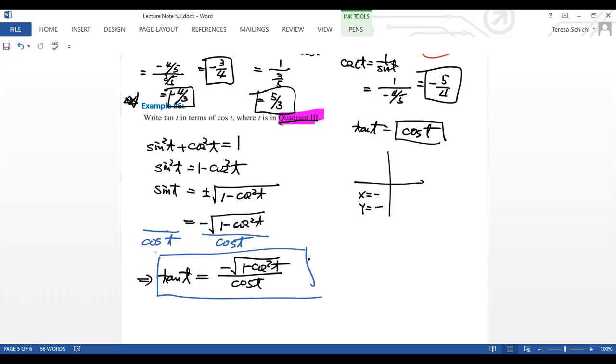Then the last thing I think is very critical for you to learn is the special values of those 6 trig functions in the first quadrant. All right, that's it. I know this is a very lengthy section, and I hope that you get a good understanding of this.